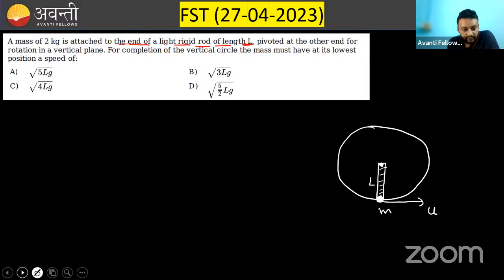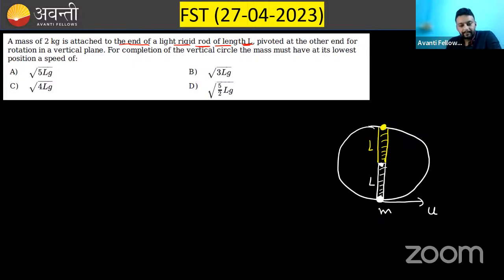Clear? So when this mass reaches the top end, the rod will be looking something like that. Mass is here and rod of length L. It may have rotated like this. This is the mass, this is the hinge point and it is rotating like this. Clear?